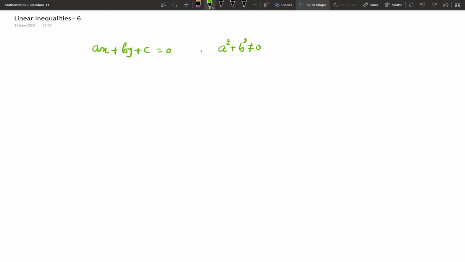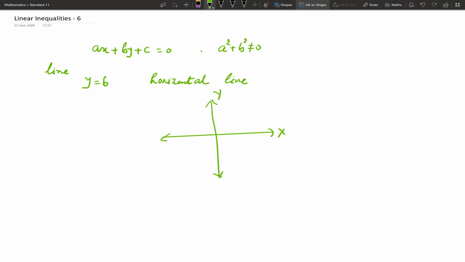A linear equation in two variables represents a straight line. There are two specific lines. y equal to b is a horizontal line. For example, in the two-dimensional plane, suppose this is the x-axis and this is the y-axis.